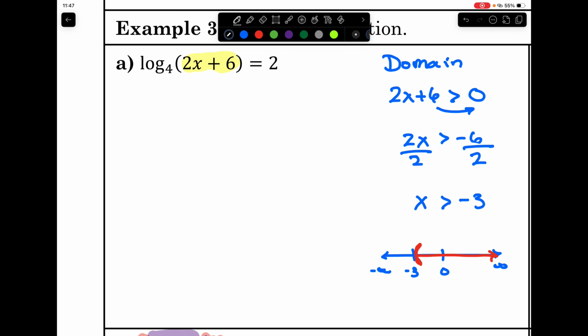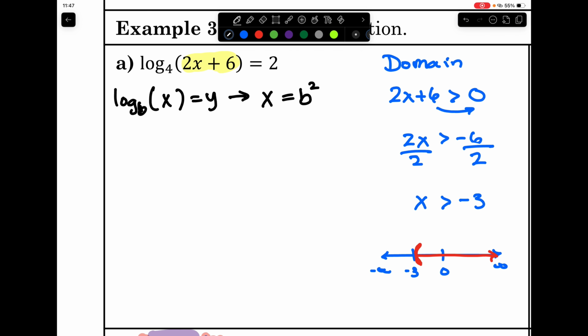To solve this equation, recall the format: if I have log base b of some value m, and that equals this exponent, I'll call it y, then that means m is going to equal the base raised to the y power.